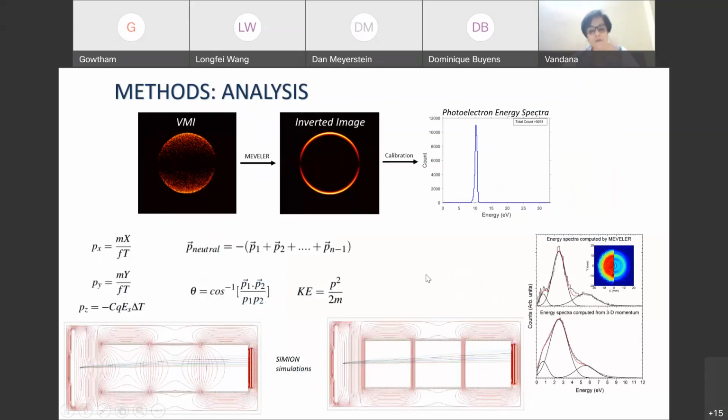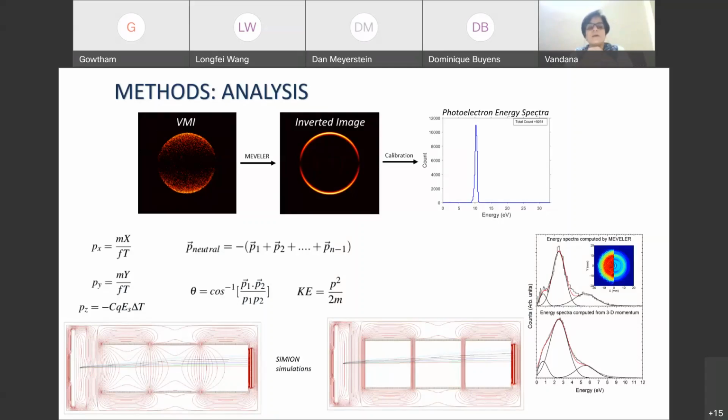So overall, the analysis involves that you have the electron in your hand, you have the ion in your hand. Analyzing the electron for the energy is much easier. However, analyzing the ions for the energy is a little difficult, but we have actually established one technique which can give you the momentum of all the ions.